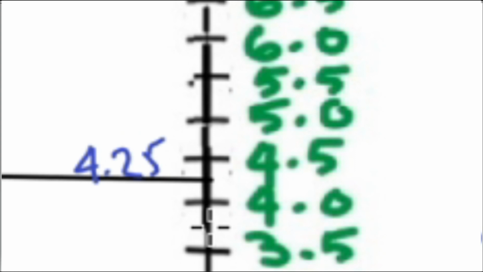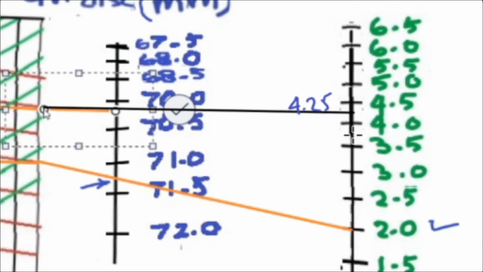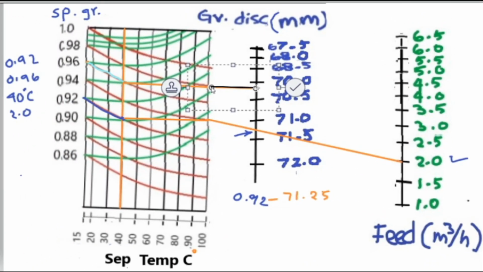So this is the wrong process. So the correct process would be, we should now again connect the funnel line up to the same feed rate as you had drawn earlier for the 0.92 specific gravity.